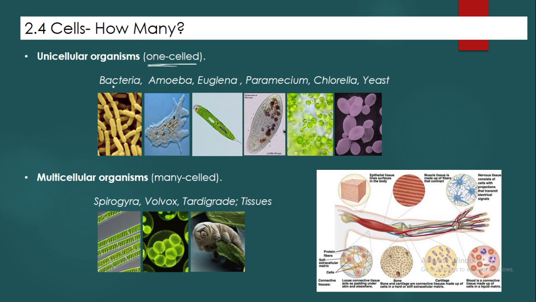Under the unicellular organisms, these include examples like the bacteria. What you are seeing here in the images are typical single cell organisms: amoeba, euglena, paramecium, chlorella, yeast.